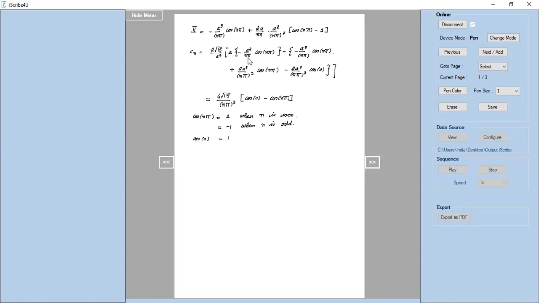So what you're going to get is essentially when n is even, you're going to get a 0. So Cn is going to be 0 for even n, and it is equal to 4 root 15 by n pi cube into 2 for odd n.